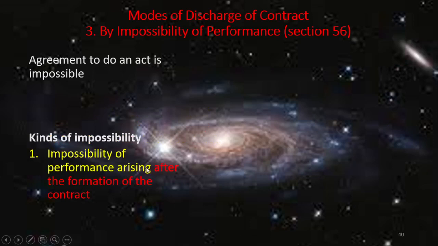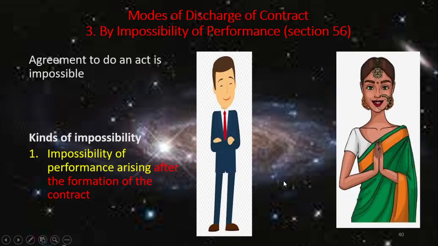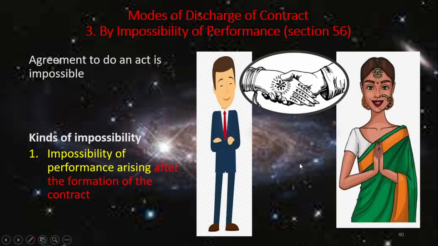And the fourth one, impossibility of performance arising after the formation of contract. So here, Mr. B entered a contract with Miss C to marry her. But after some time, Mr. B went mad.